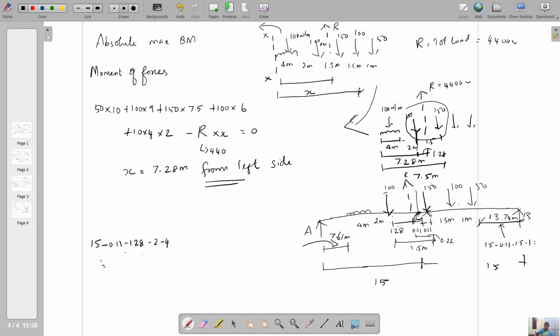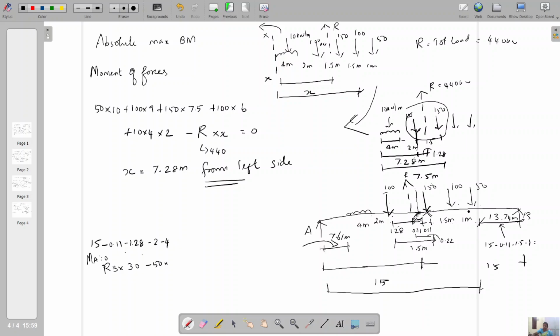So with this, we can find it by taking moment about A or B. I am going to take moment about A equal to 0. We have to find the reactions to calculate the bending moment. So RB into 30, minus 50 into the whole distance up to A. How can we calculate? Add all the distances: 4 plus 2 plus 1.5, 1.5, 1. So 3 and 4, 6 and 10.